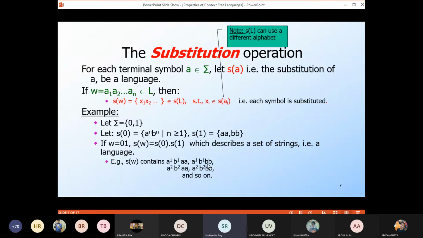Or A1B1 with BB, or A2B2 with AA, A2B2 with BB, and so on, infinitely. Even though S(1) is not infinite, the first one is infinite, so that produces an infinite substituted language. So S(W) is just the substitution of one string. First we looked at the substitution of one character, then one string.